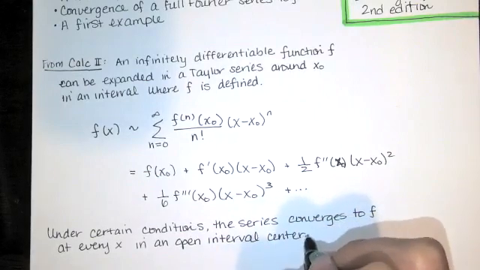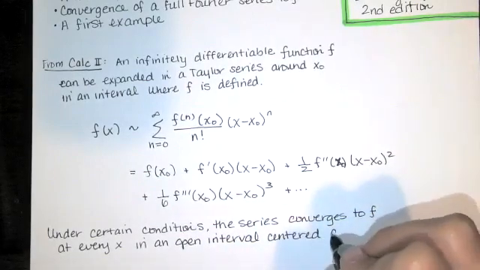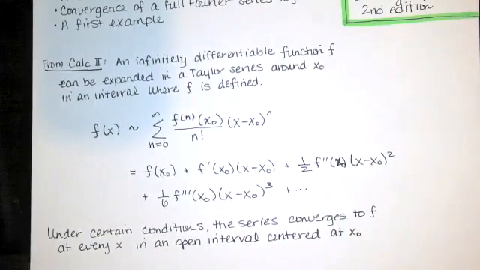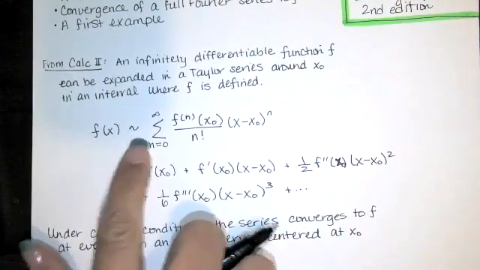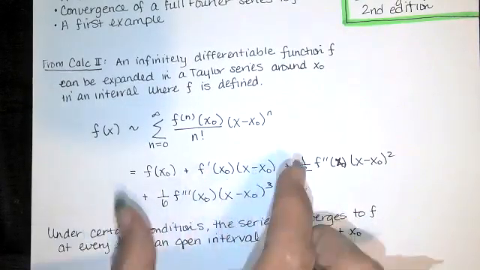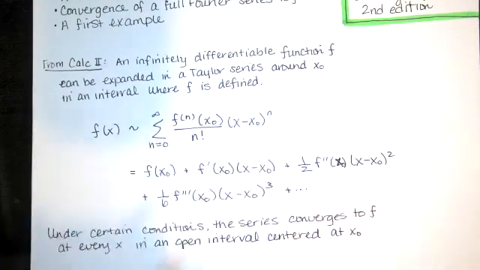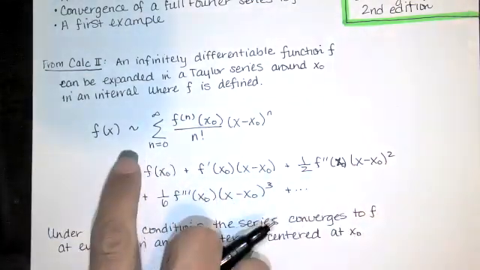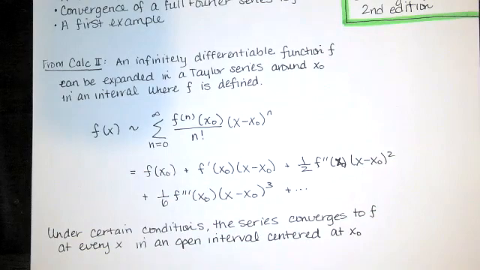And it may or may not converge at the endpoints of that interval. In that case, rather than using this tilde and saying that this Taylor series was generated by this function, we'll say that they're actually equal to each other, and we'll put an equal sign there.